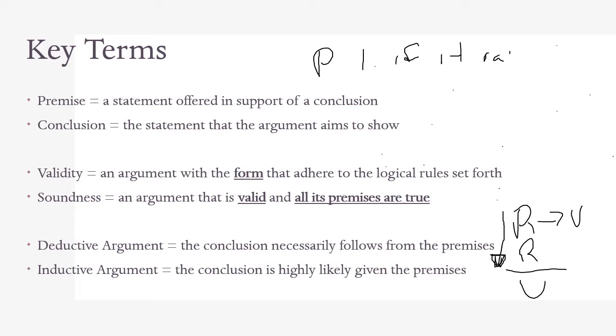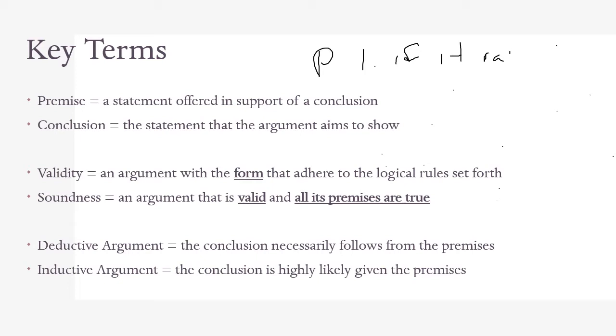In this course, we're going to focus on deductive arguments in particular, but there are also things called inductive arguments, and inductive arguments are going to be somewhat similar, but the conclusion doesn't necessarily follow from the premises.